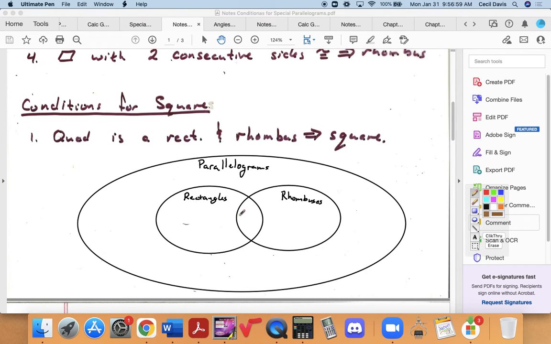And then here where they overlap, this is squares. In order to be a square, it has to be both a rectangle and a rhombus. Okay, any questions about that?